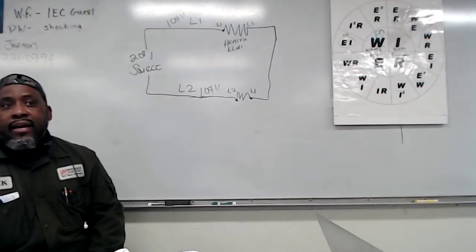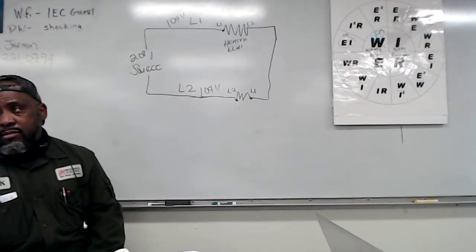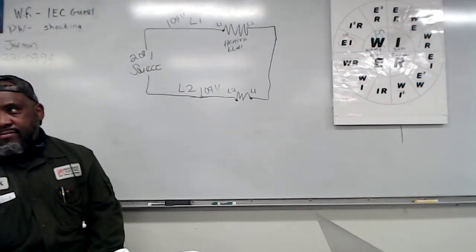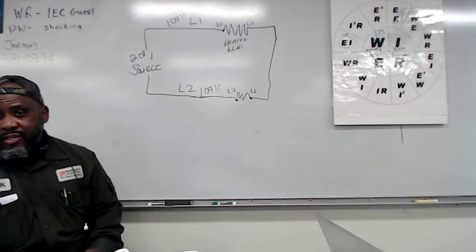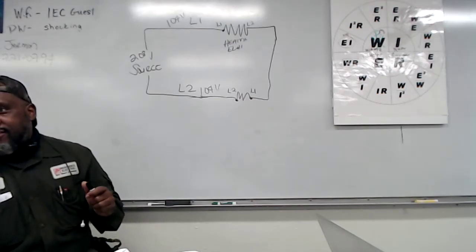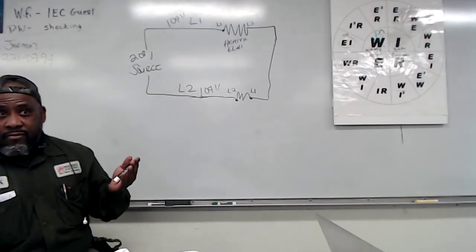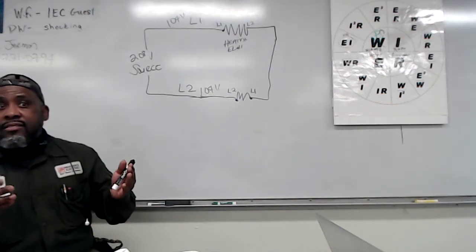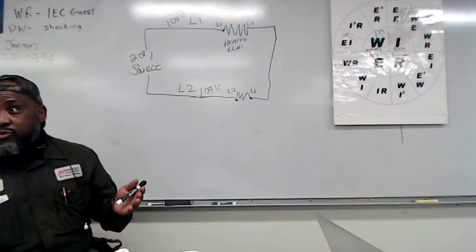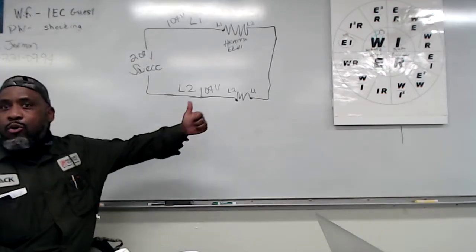That 208 is derived from a transformer. It can only be derived from a transformer. Most of the time you read 120 to ground. 208/120 means phase to phase is 208. Phase to ground or phase to neutral is 120. But we ain't got no neutral.